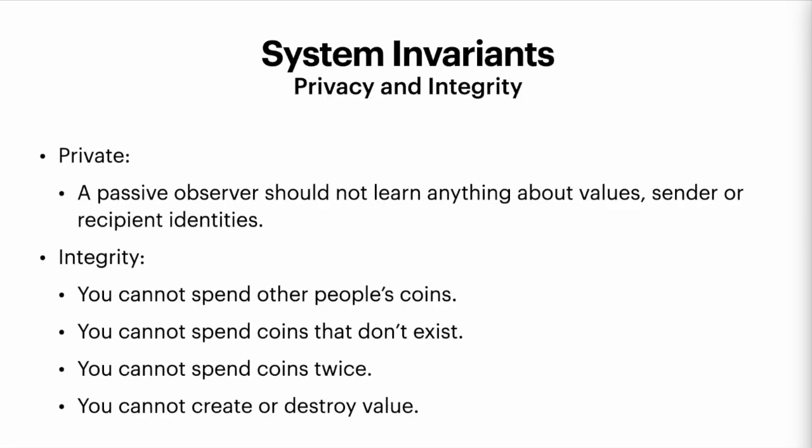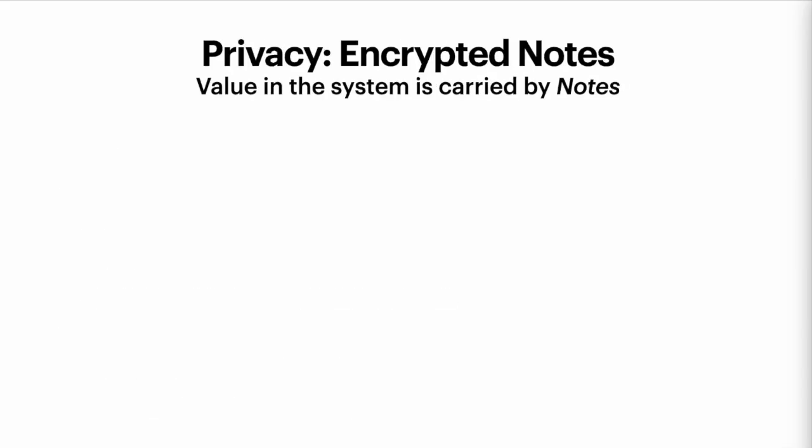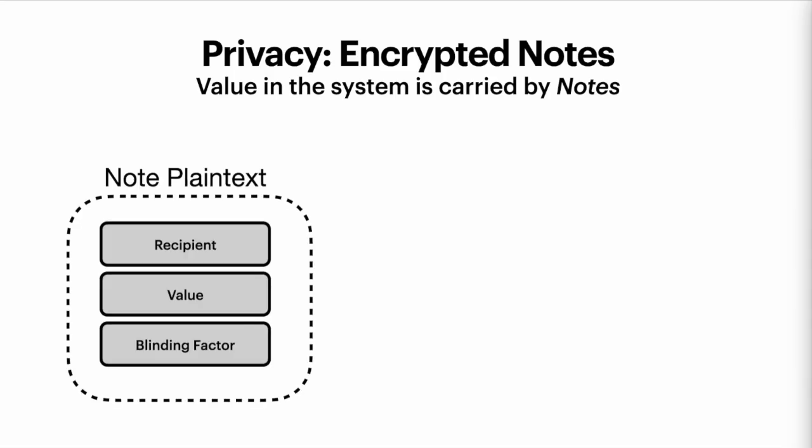And we're going to need that to satisfy our integrity properties in the presence of our new private notes. So first, let's recap what we said about how to achieve privacy: value in the system is carried by notes. Notes are going to be encrypted to a recipient and posted on chain.